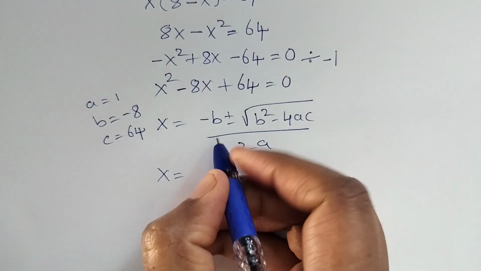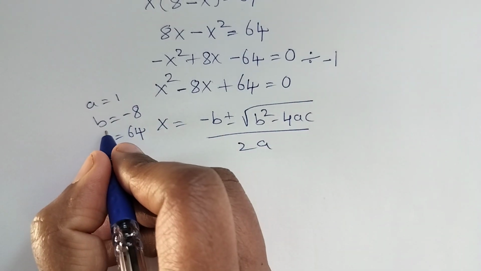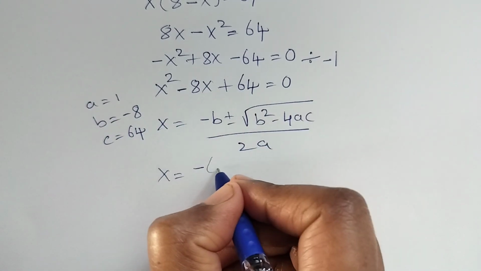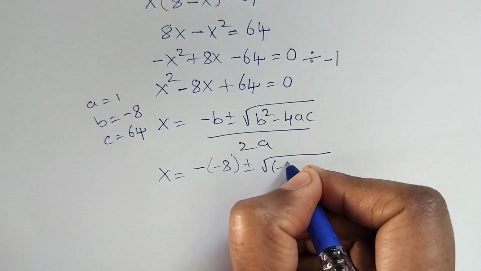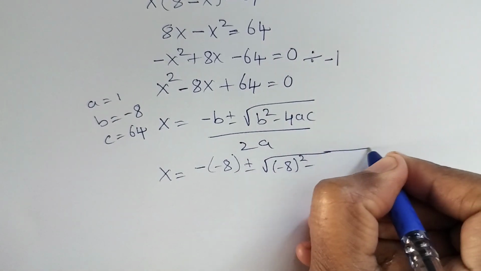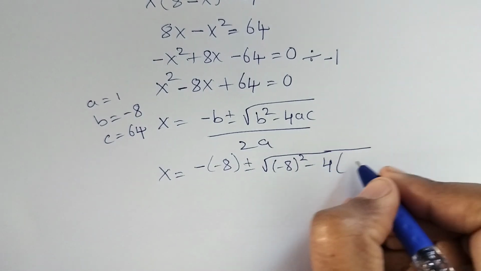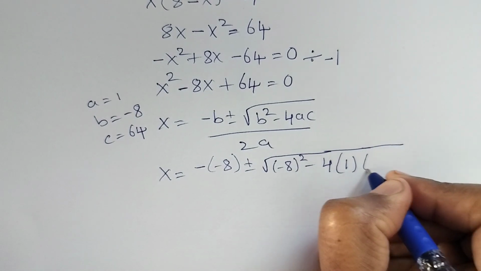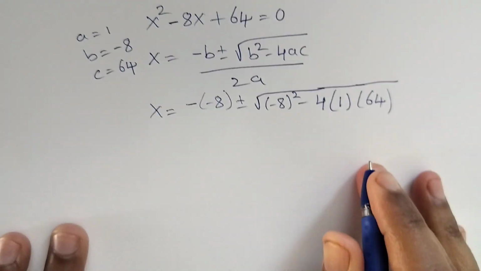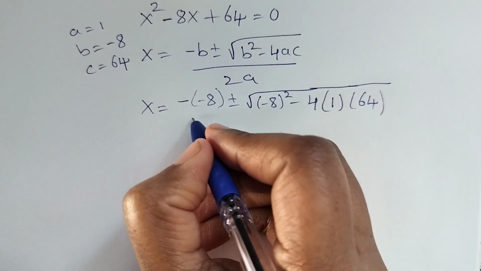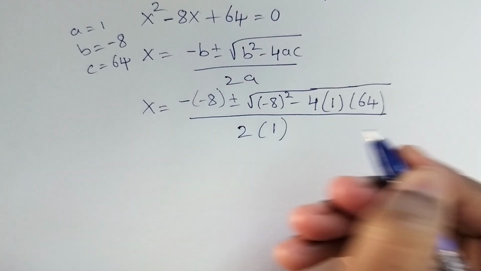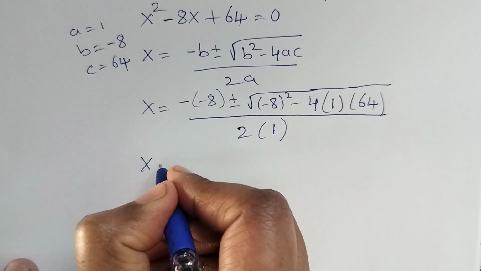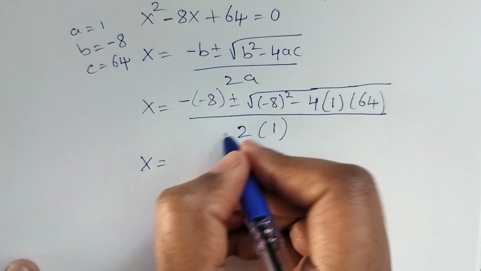x is equal to, so here the value of b is minus 8. So minus minus 8 plus or minus square root of, minus 8 square minus 4. So here a value is 1 and c value is 64. So divided by 2, a value is 1. x is equal to minus minus, it will become positive.